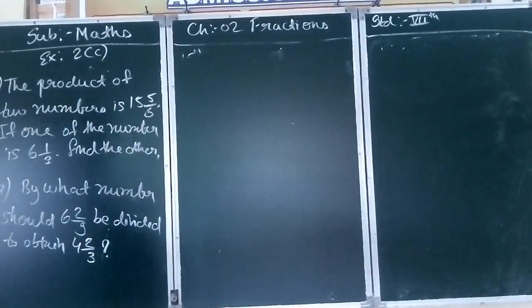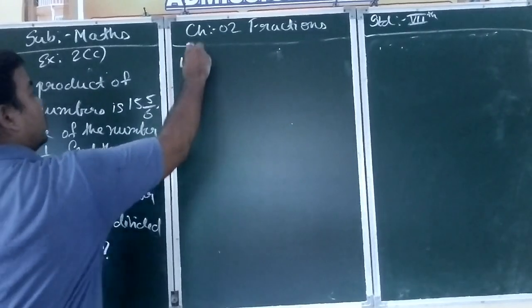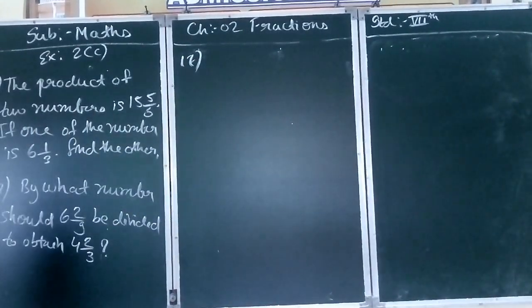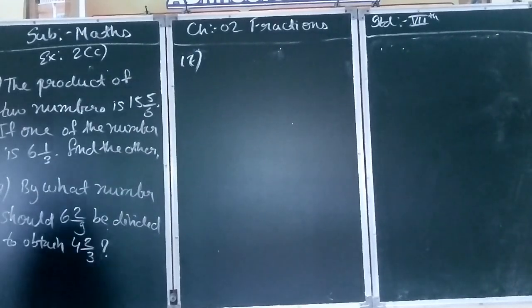Now see question number 17. By what number should 6 2/9 be divided to obtain 4 2/3?